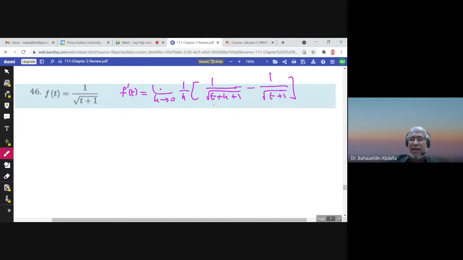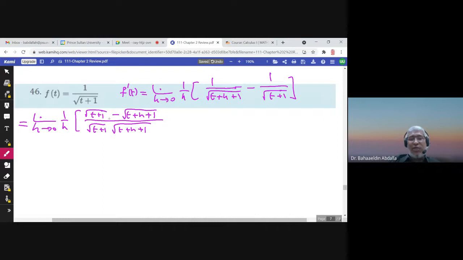Again, I need to subtract these two fractions using the formula. So (t plus 1) times (t plus h plus 1). And in the numerator, 1 times (t plus 1) minus (t plus h plus 1). Now, if I replace h by 0, I'll get 0 over 0.